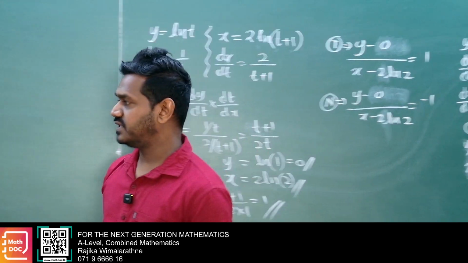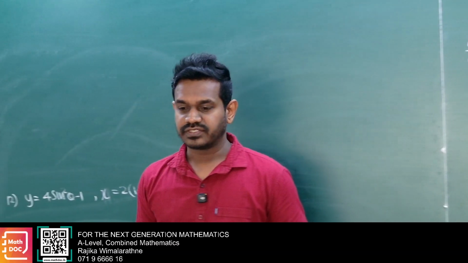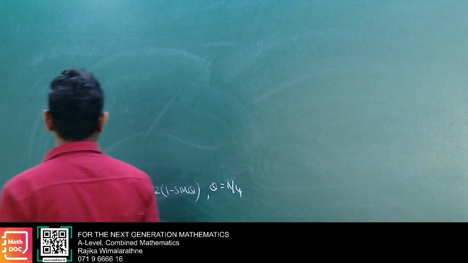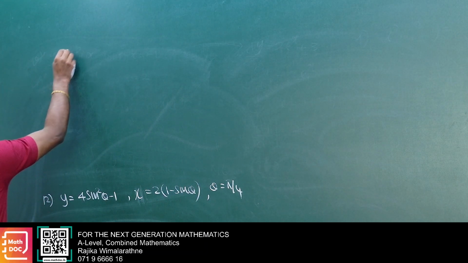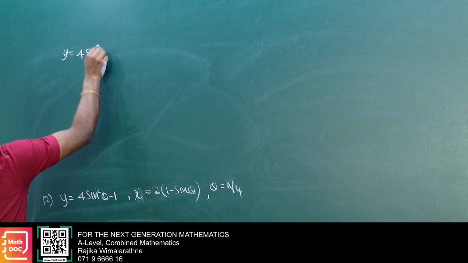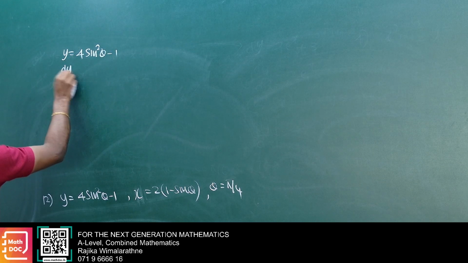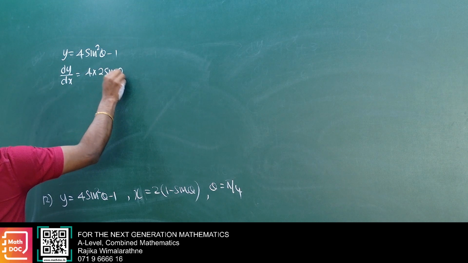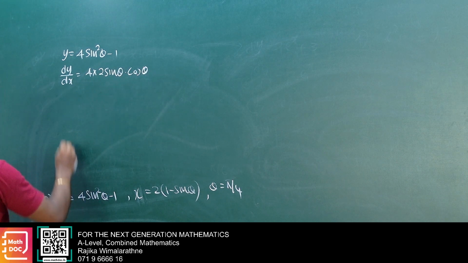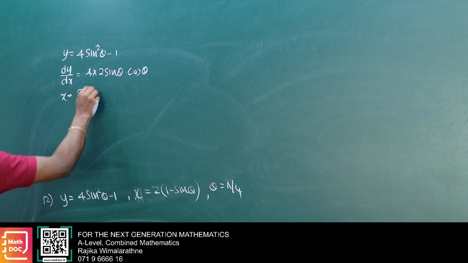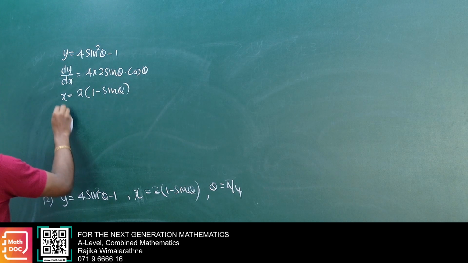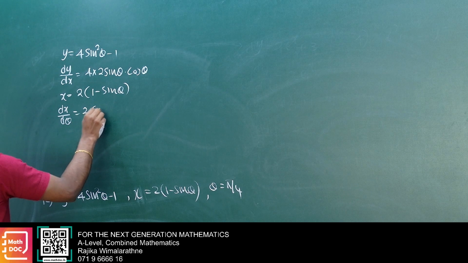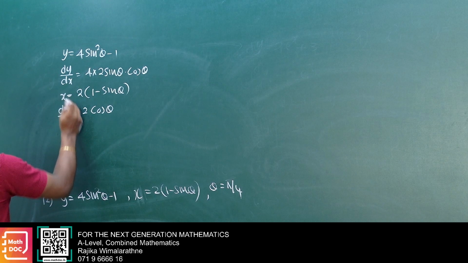Okay, then the last one: y equals 4 sin squared theta minus 1. Differentiate: dy by d theta is 2 sin theta times the derivative of sin, cos. x equals 1 minus sin theta, so dx by d theta is minus cos.